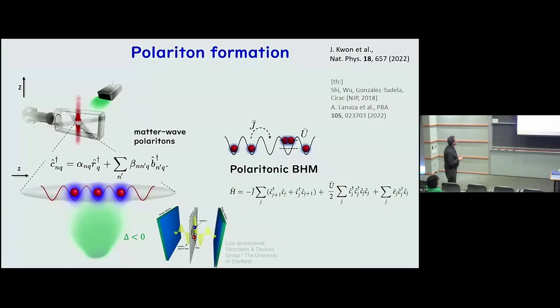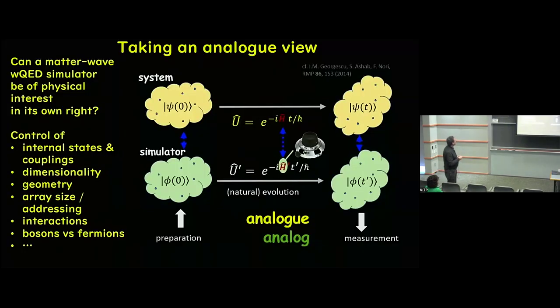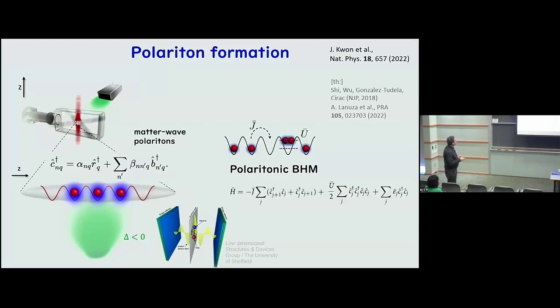So just at the very end, we can also go beyond waveguide QED. What we did in this paper was create something that we called matter wave polaritons. Essentially, if you have an optical lattice, the red atoms can tunnel. But if you dress them with an atom-photon bound state, they can tunnel around and interact as quasi-particles.